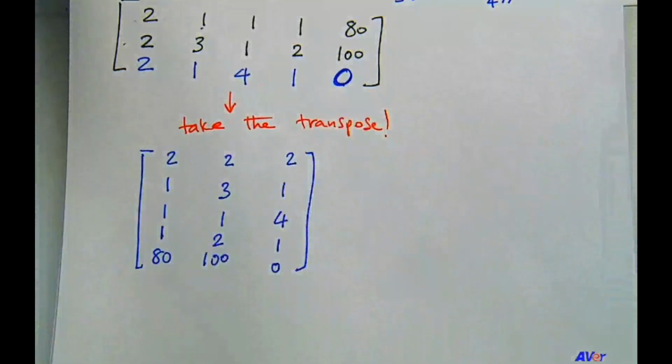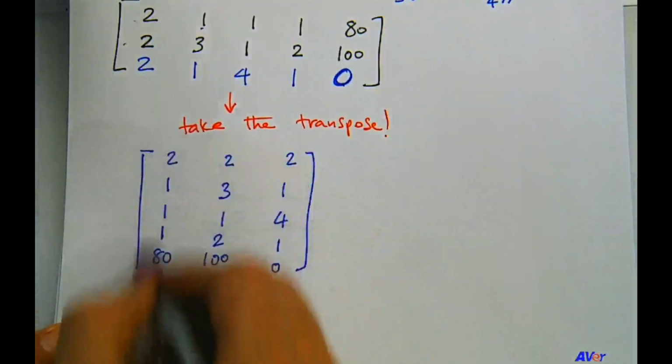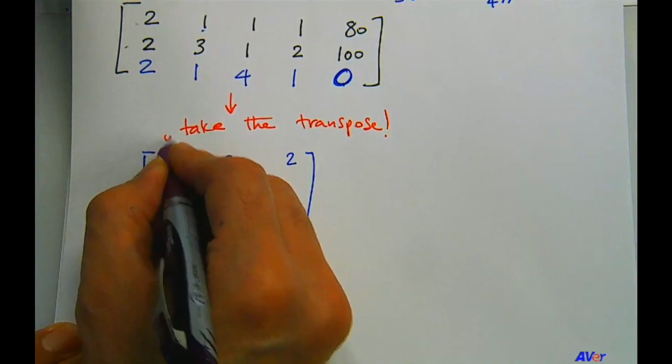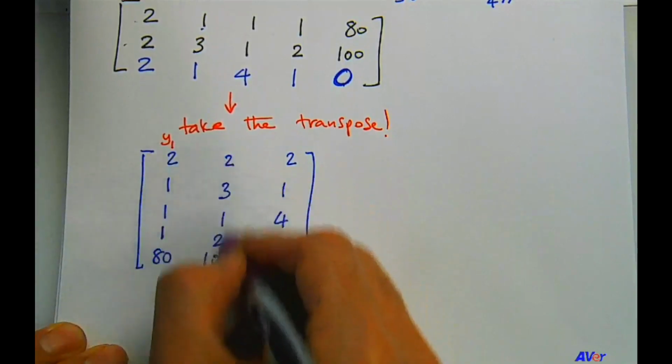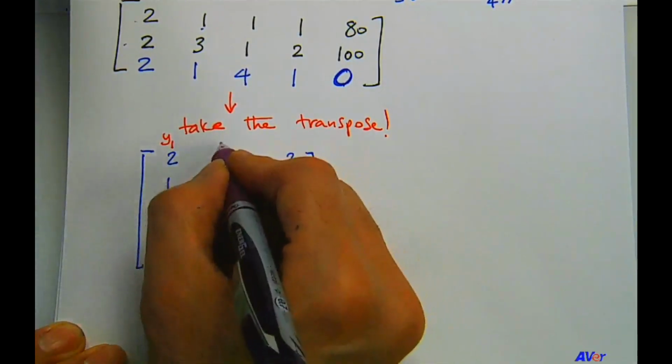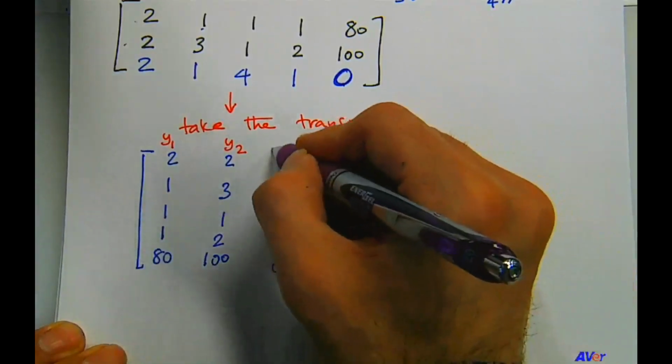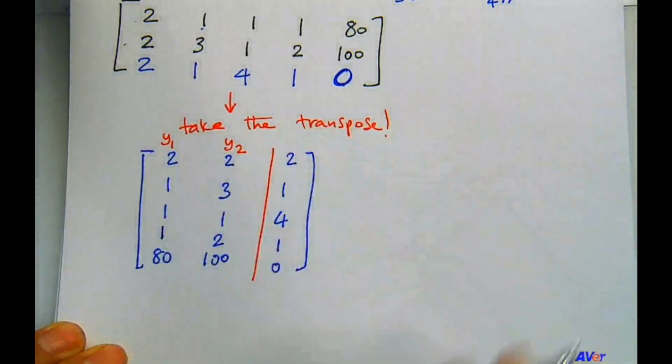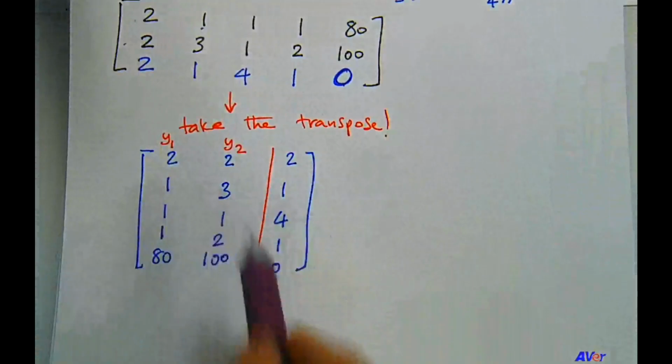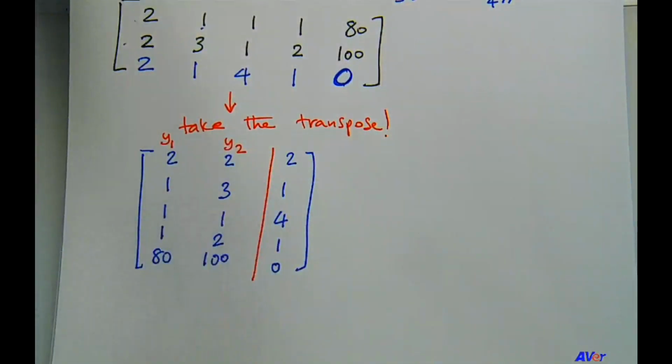So notice that these are now the coefficients of variable y1. These are the coefficients of variable y2. And these are the constants. So let's use these new variables and numbers to set up the dual problem.